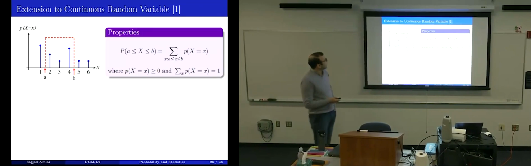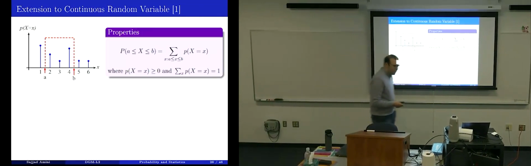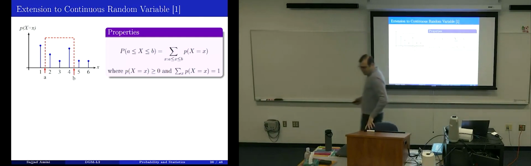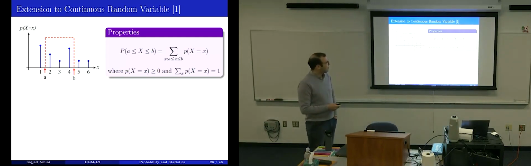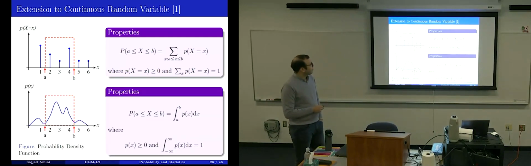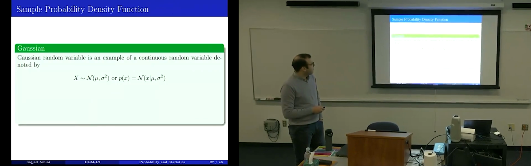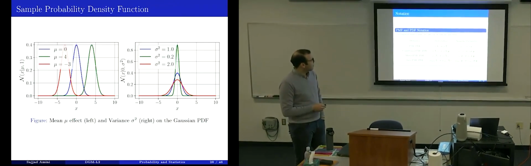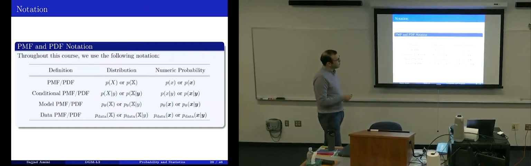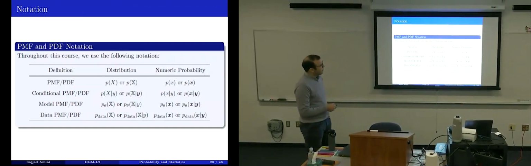Well, in the previous session, we generally talked about probability and statistics, and especially our notation. We talked about both discrete and continuous random variables, the concept of PMF, and the concept of PDF. We saw one well-known PDF, Gaussian, and this is our notation during this course.